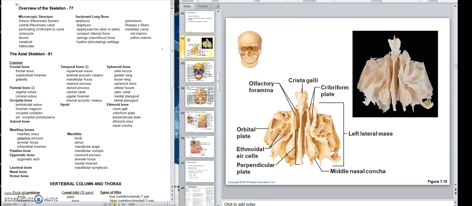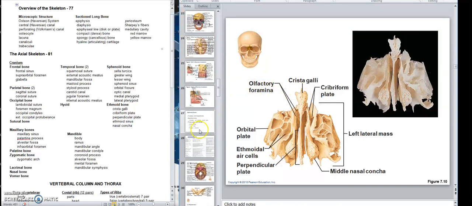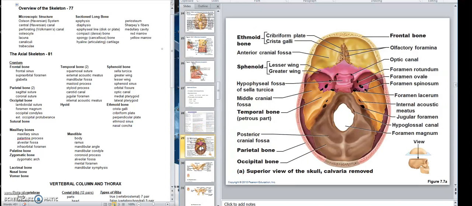It's within the confines, hidden up in there. So you have to kind of take the skull apart a little bit to get to it. Right there, there's a shark fin. See, that's the ethmoid right there.